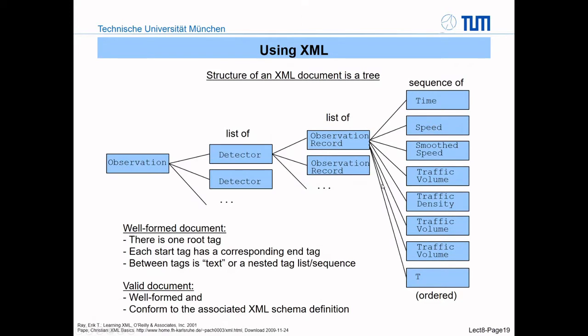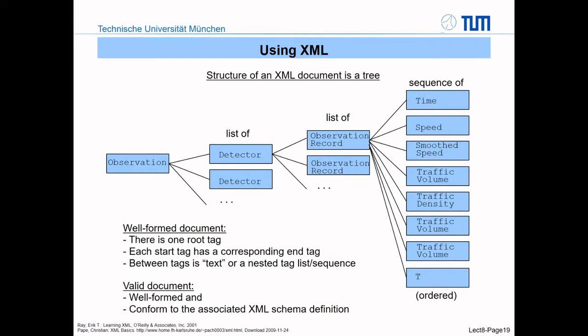So what does an XML structure look like? In principle, you have a syntax tree. It's nothing more than a tree, which is explained as a list of, so a sequence of, which is again just a sequence of the same tag or of the same markup.